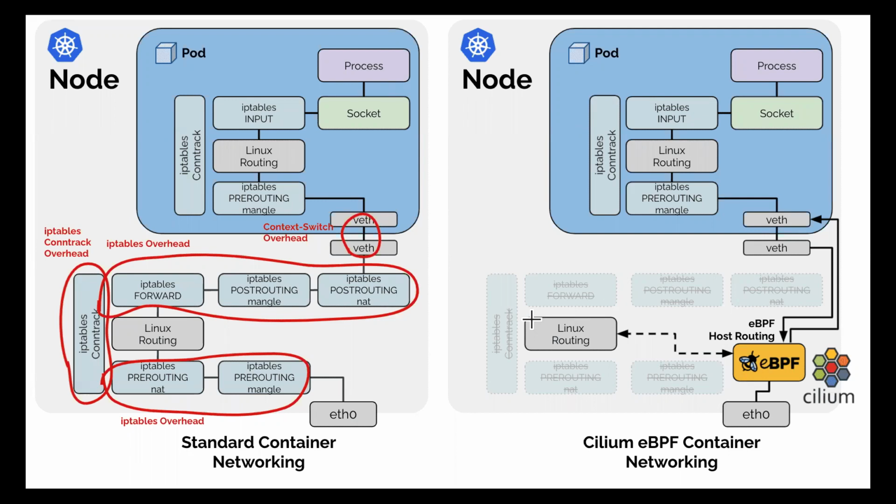This optimization also works for the tunnel mode. Originally this is a diagram for Cilium direct routing, but it also works for tunnel mode.